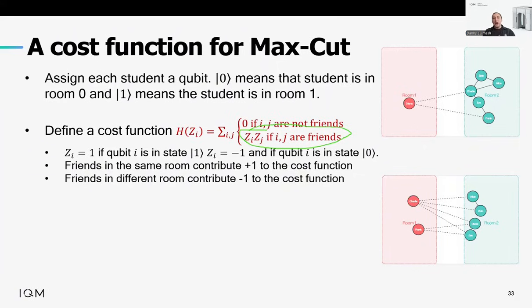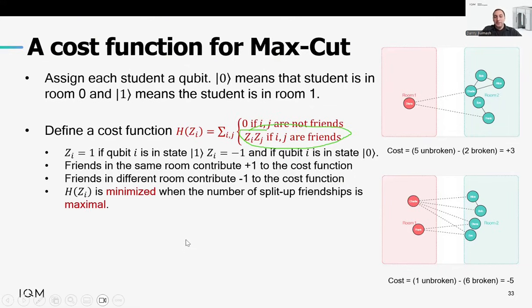So if we add up the cost for all the different pairs of friends, then broken up friendships give us strong negatives, and that lowers the cost. And friends in the same room increase the cost. So we get the lowest cost when we maximize the number of split up friendships.